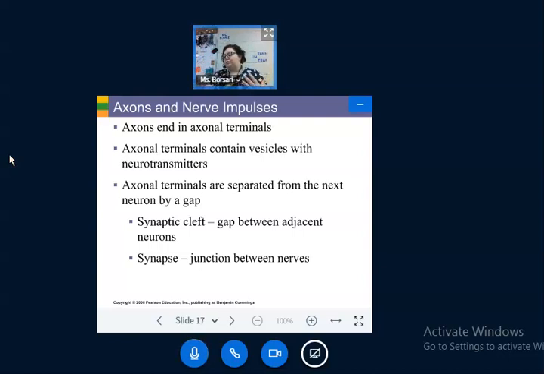Those nerve cells are not going to be physically touching each other. There is going to be a gap that allows for the passage of those neurotransmitters. The gap is referred to as the synaptic cleft, and a synapse is a junction between nerves.